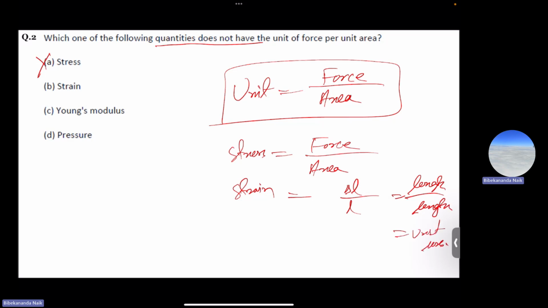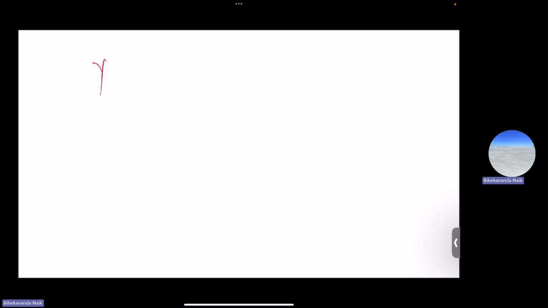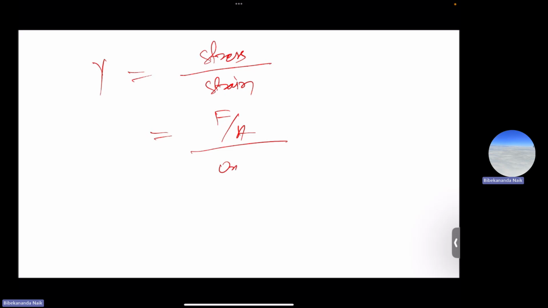So it is unitless. Then for Young's modulus, we know Y is stress by strain. Stress is F by A and strain is unitless, so the unit of Young's modulus is also force per unit area.